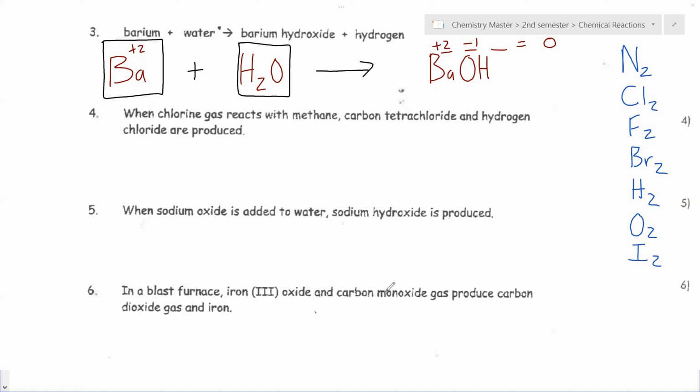Do you want another barium or another hydroxide? Stick with these numbers; we're trying to get to 0. Well, you wanted that hydroxide. Yes, excellent. We need another hydroxide for a total of 2 hydroxides, and that will give us a total of 0.